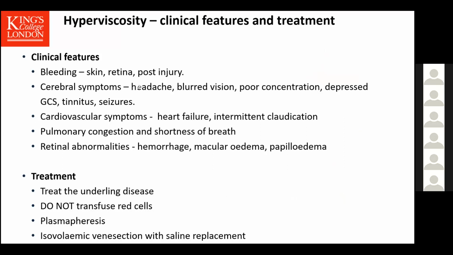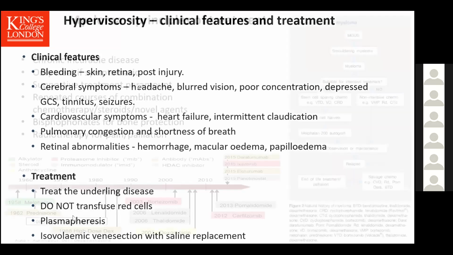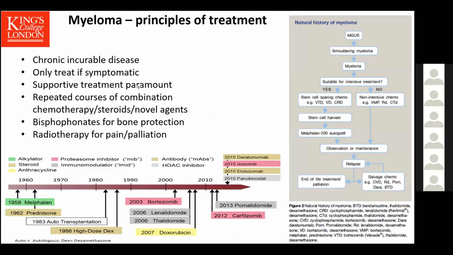You may have pulmonary embolism, shortness of breath. You can have vision problems, and things like in myeloma. You can also do plasmapheresis, but that is becoming more and more obsolete these days. You tend to treat the condition rather than doing the plasmapheresis.